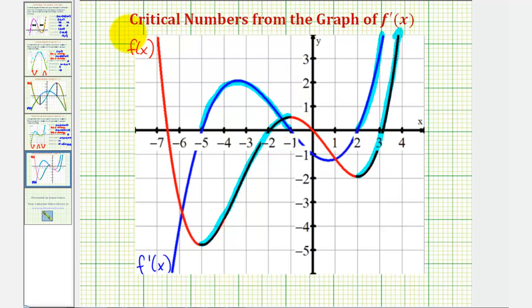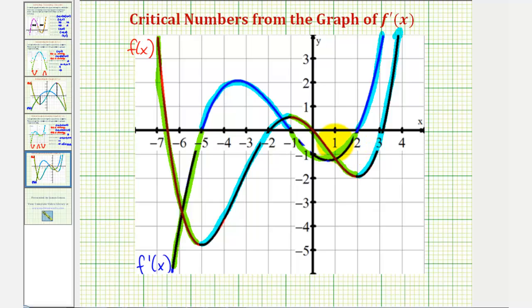And where the derivative function is negative, here and here, the function f of x is decreasing, here and here.